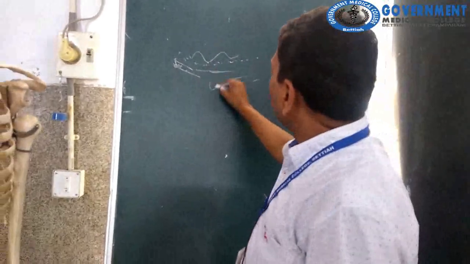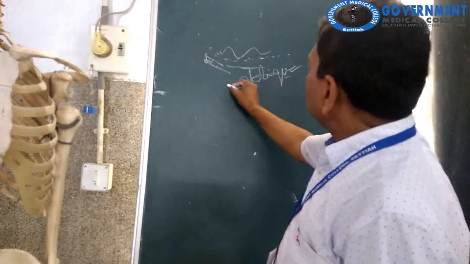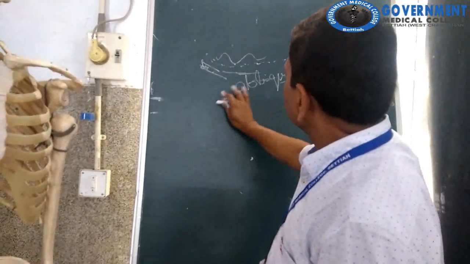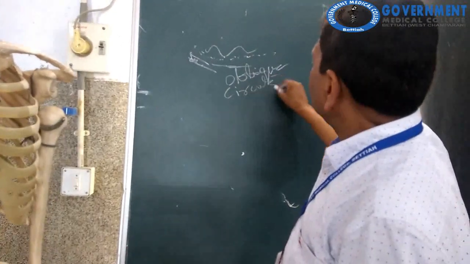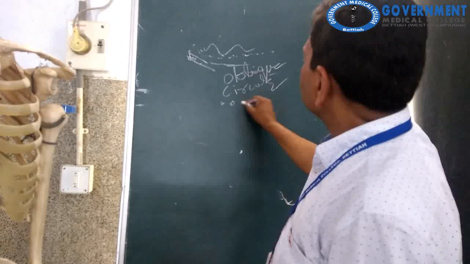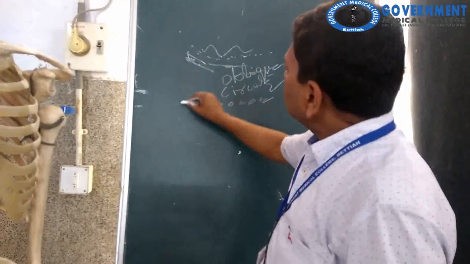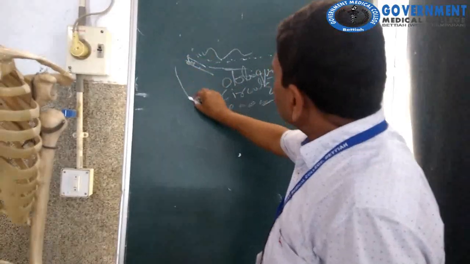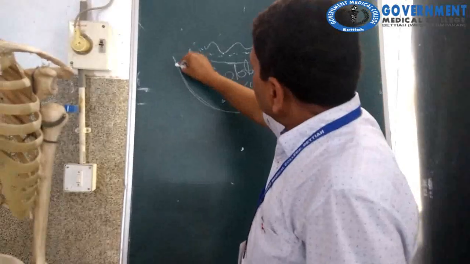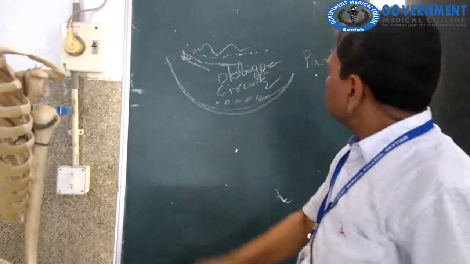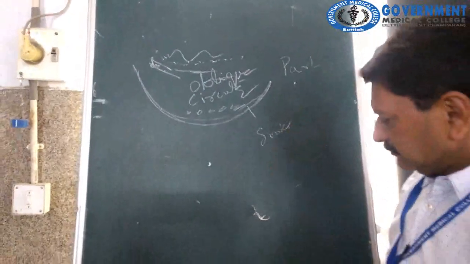The innermost is oblique fibers, in the middle the circular layer, and outside the longitudinal layer. And the outermost part is the serosa. This is the visceral layer of peritoneum, made up of simple squamous epithelium.